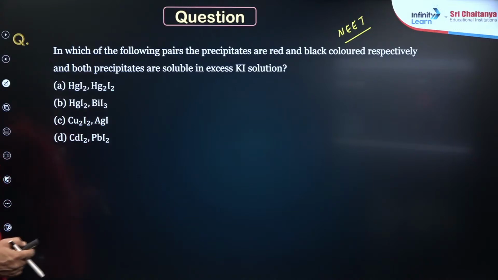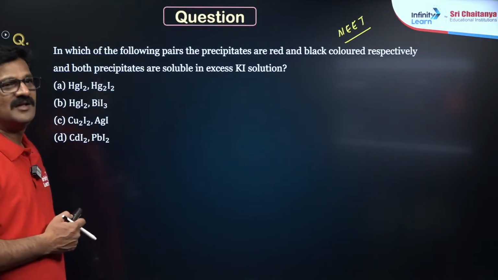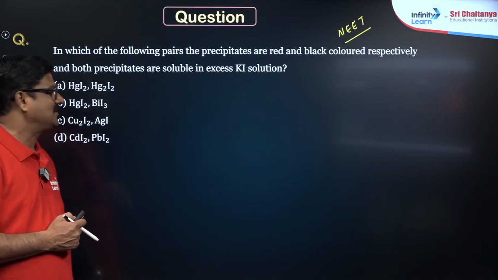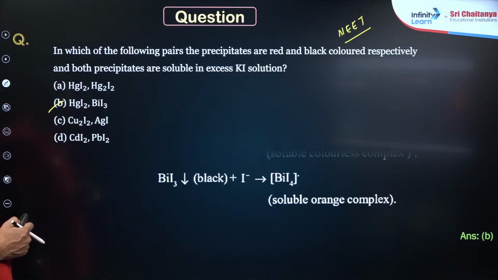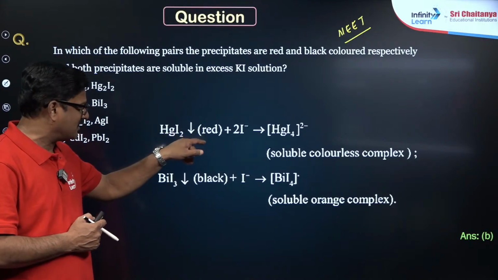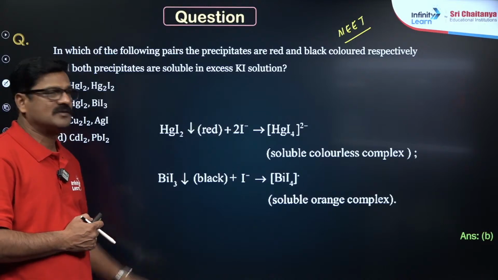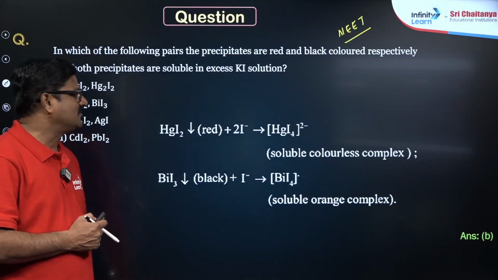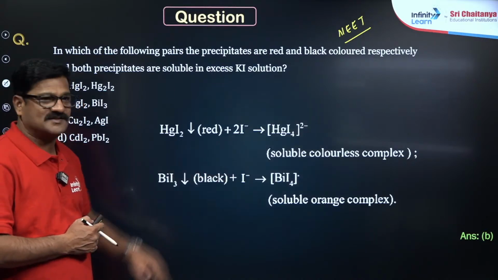And what are these pairs? Red and black precipitates respectively. In that case, I just want to say mercuric iodide and bismuth iodide. Mercuric iodide is a red color precipitate. It dissolves in potassium iodide to give HgI4 2 minus, a soluble colorless complex.